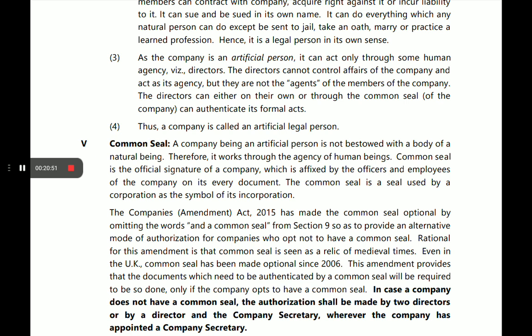The common seal is the official signature of a company, which is affixed by the officers and employees of the company on its every document. The common seal is a seal used by a corporation as the symbol of its incorporation.